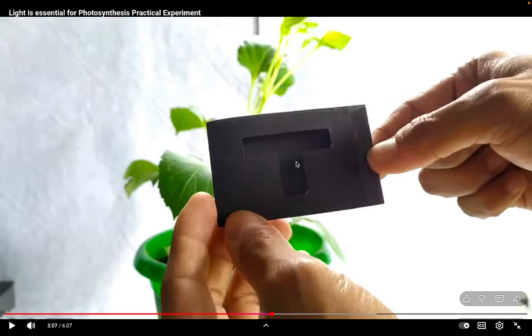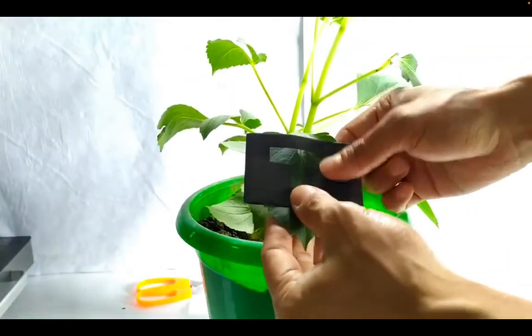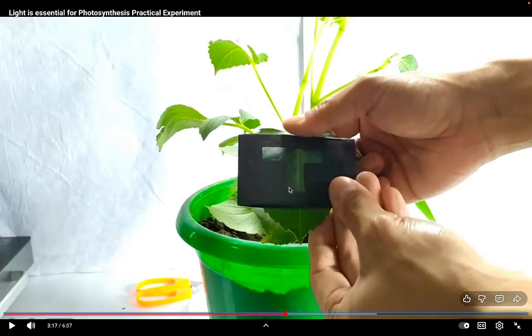So we take one leaf and put it inside here. One part of the leaf will be in the dark, another part will be exposed to light. At the end, we are going to test for starch. We check whether where we had light, photosynthesis happened, which we know by finding starch. Secure the paper on the leaf using some paper clips. It's exactly like this.